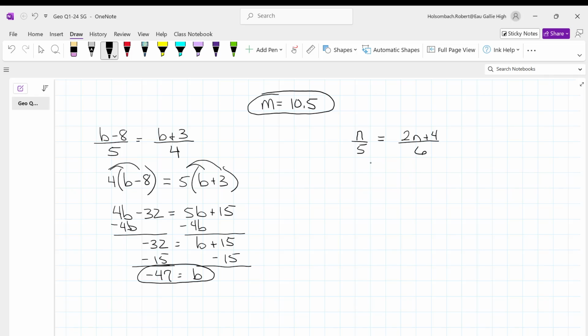So the n times the 6 is 6n equal to the 5 times 2n plus 4. The 6n falls down, and we're going to distribute this 5 on the right-hand side. So 5 times 2n is 10n. 5 times 4 is 20.